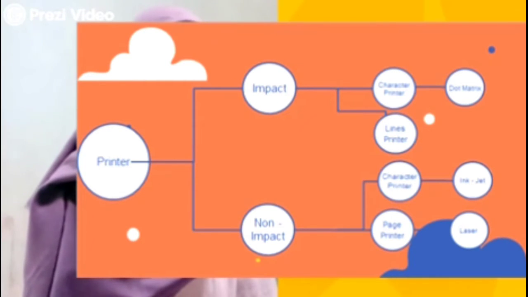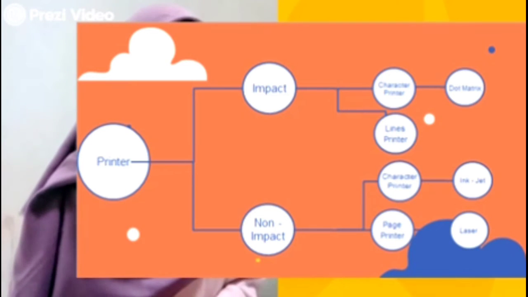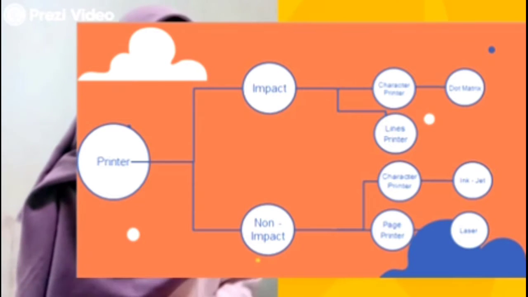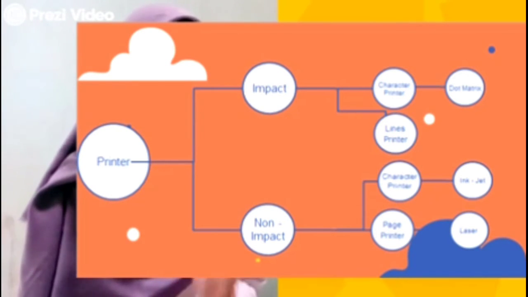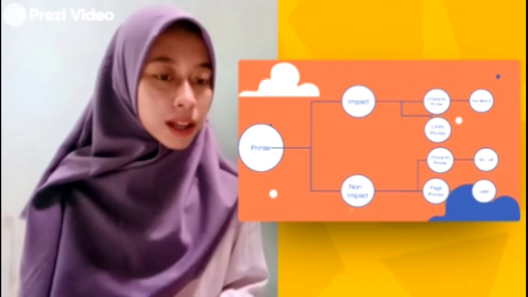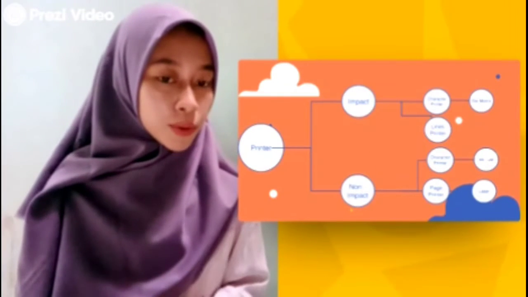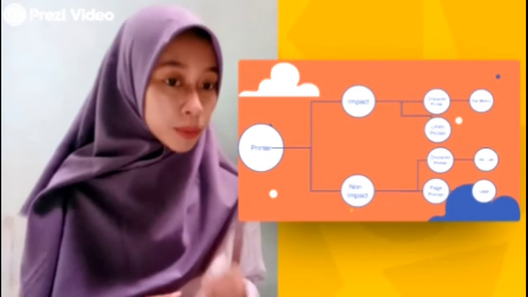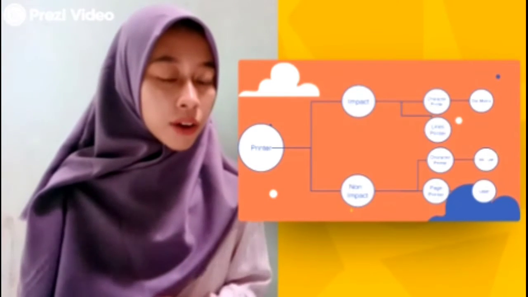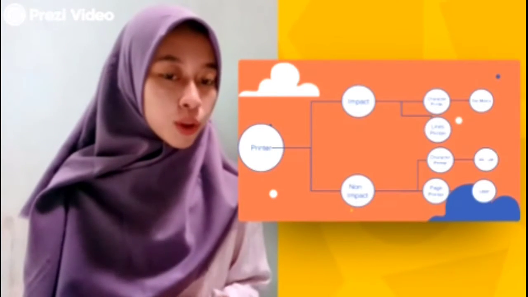And the next is laser printers. It prints the entire page in one go. These printers have a photosensitive drum made of silicon. This drum is coated with a photoconductive material, which is extremely sensitive to light. This drum is exposed to laser rays reflected from the shape to be printed. The area where the rays fall gets discharged.